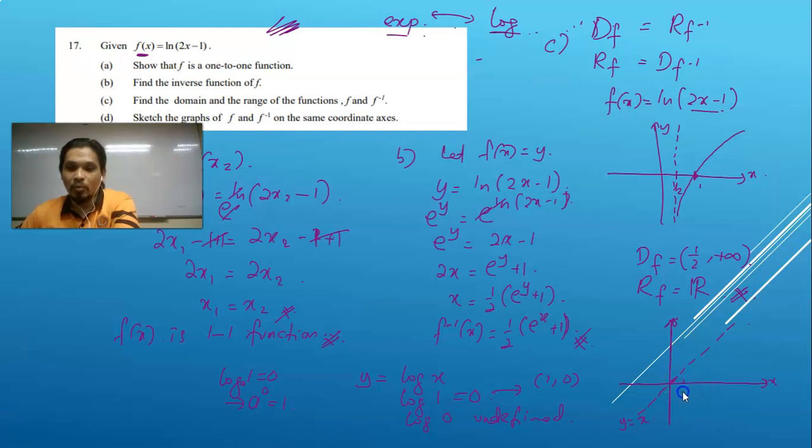Okay, 1 over 2, and then 1 here. There you go. So it also happens here, 1 and then half. There you go. This is the function f and this is f inverse.